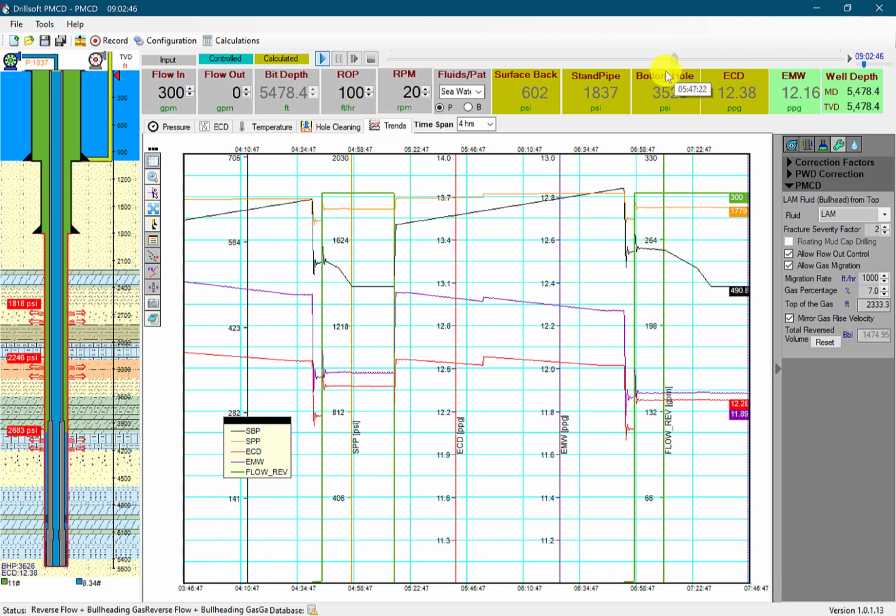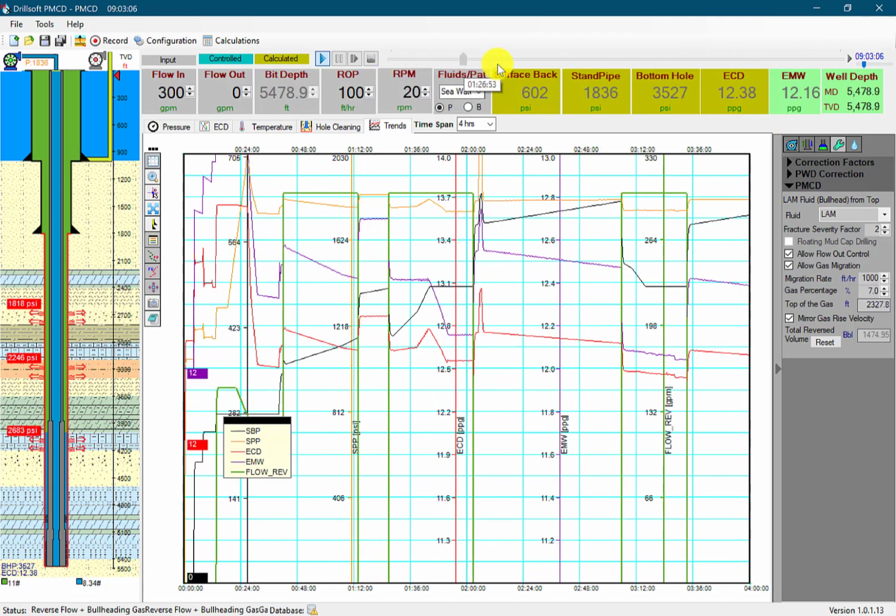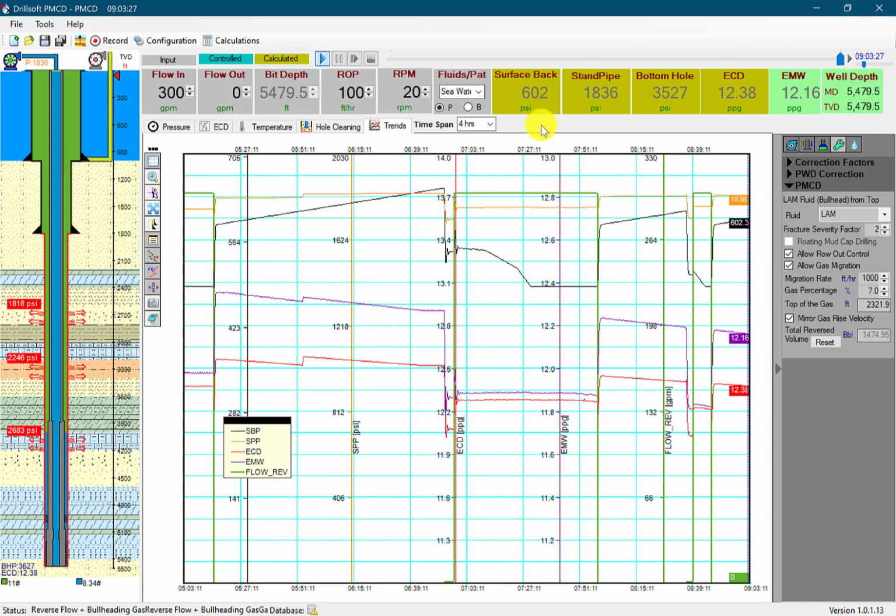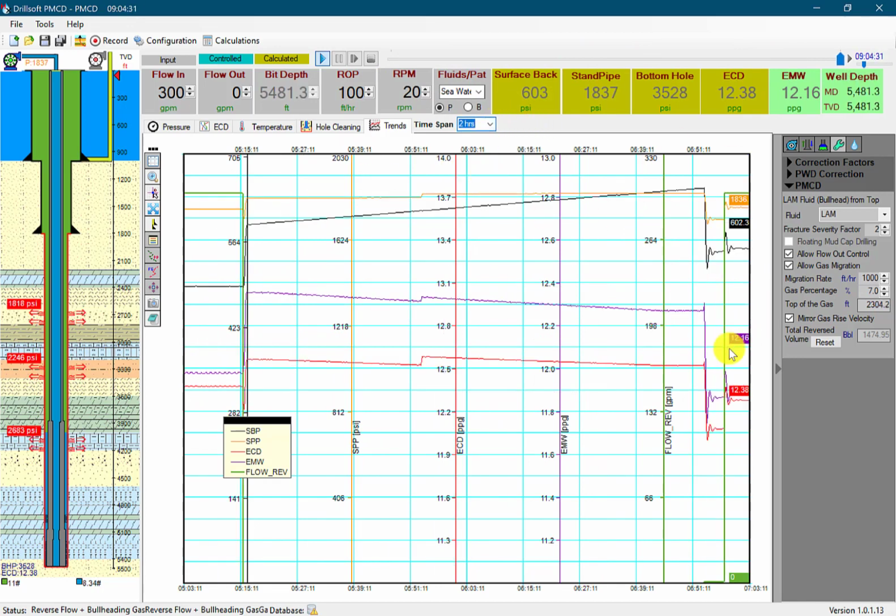We can go back on our data and see what happened in the past. We can zoom into a certain point or section.